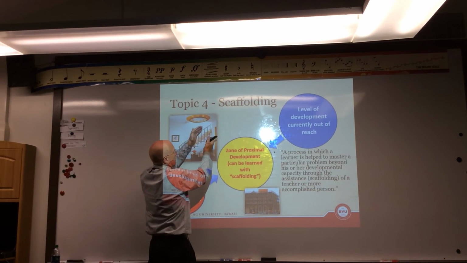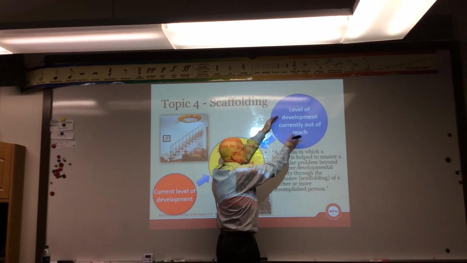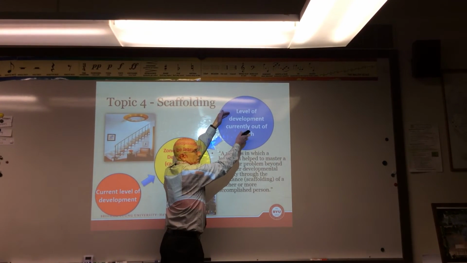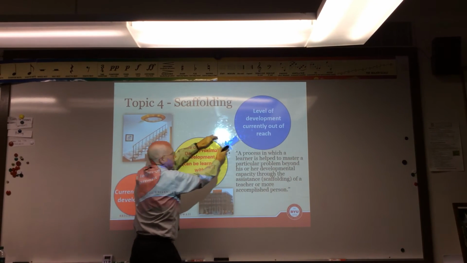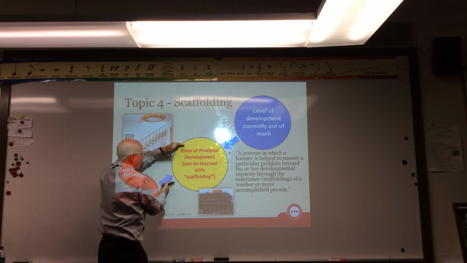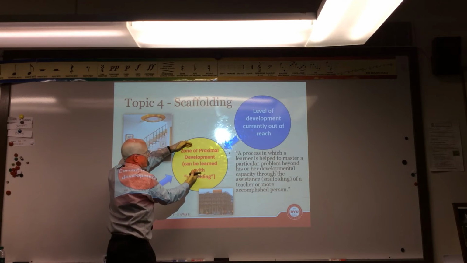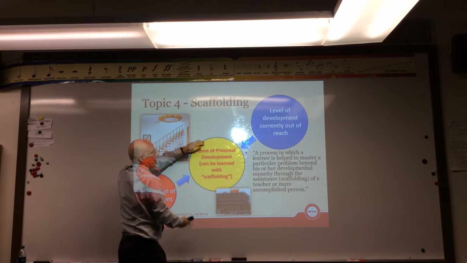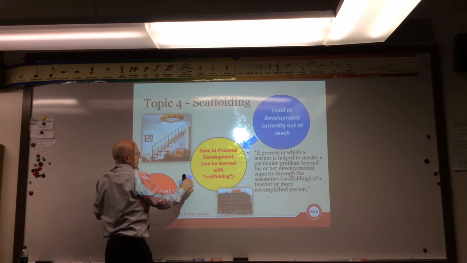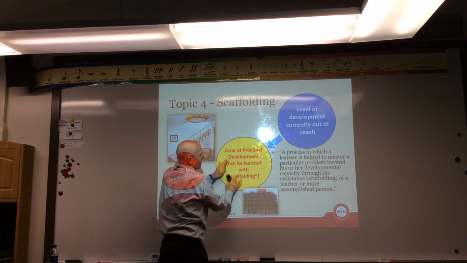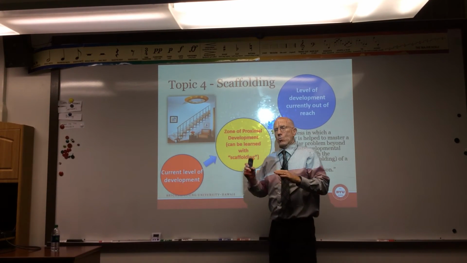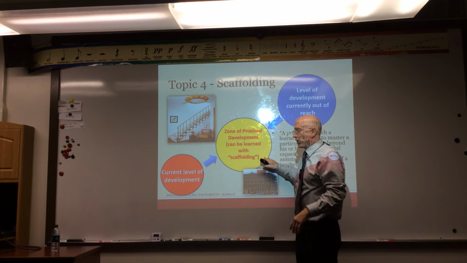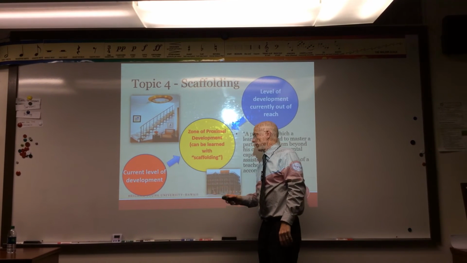The master, the expert, he's up here, and he's coming down to reach out to the beginner to bring them up to here. So this is the area where we instruct, comprehensible input, where the students can best learn new skills. All right?